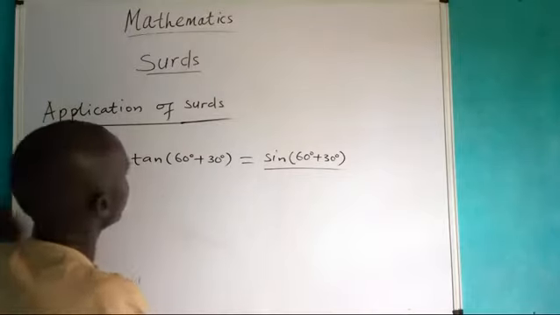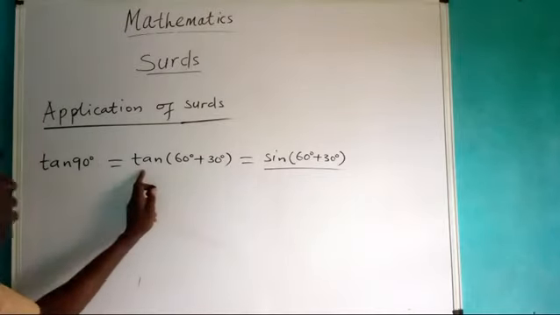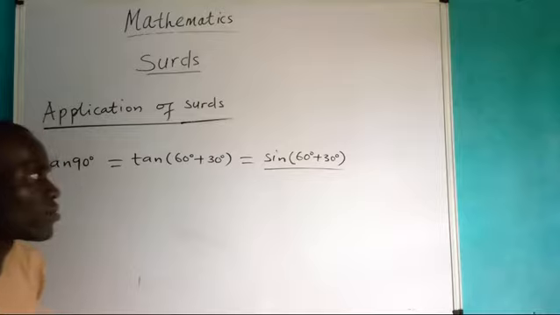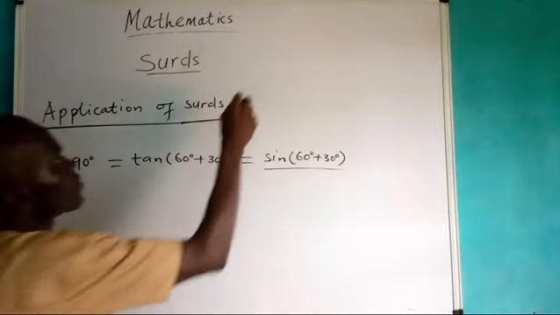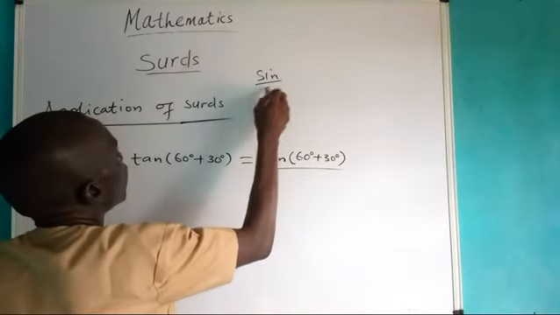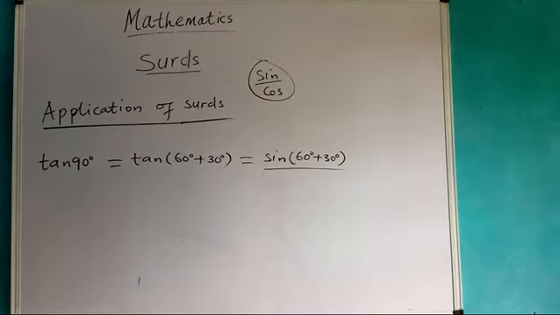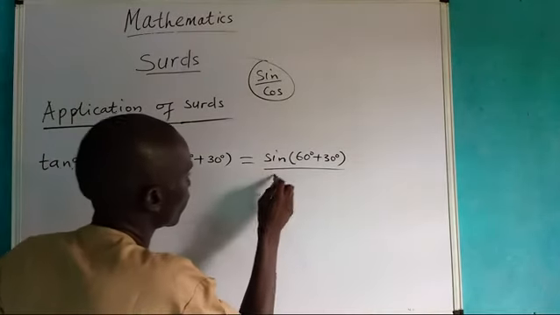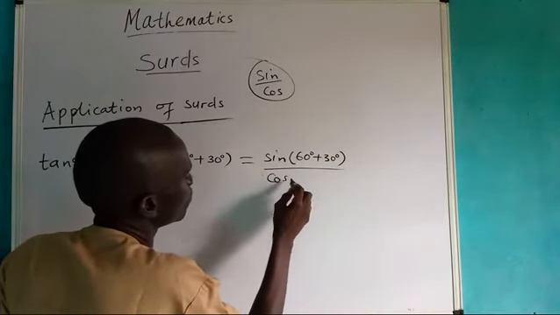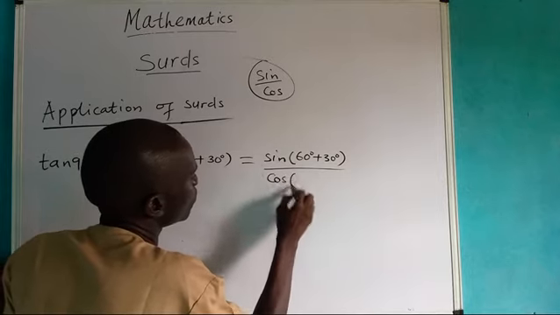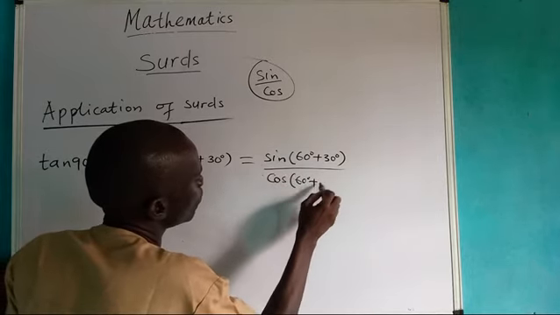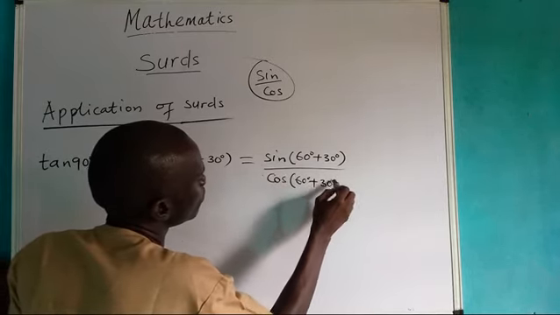The identity for tan is sine over cosine. Take note of that. Sine over cosine. This one is the identity for tan. Okay, for this one I will have cos of 60 degree plus 30 degree.